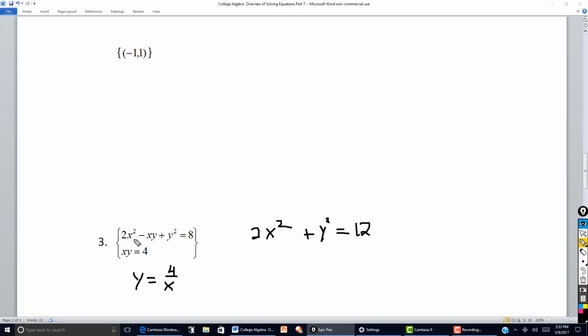Okay, so again, just adding them, I get 2x squared, minus xy and xy cancel, I get y squared, and then 8 and 4 is 12.